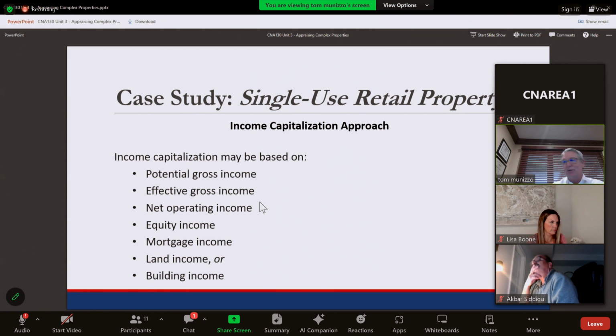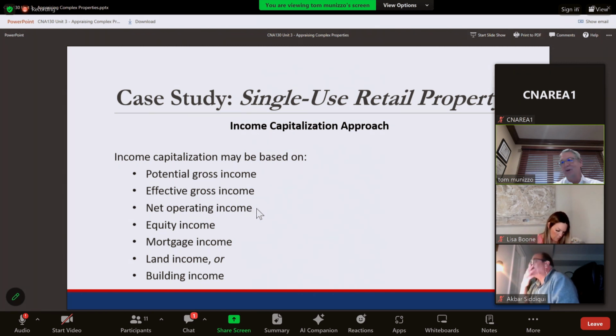So here's your three. Potential income. This is everything the place could potentially have for an income stream. Effective gross income, less vacancy and collection. Net operating income is less fixed and variable expenses.